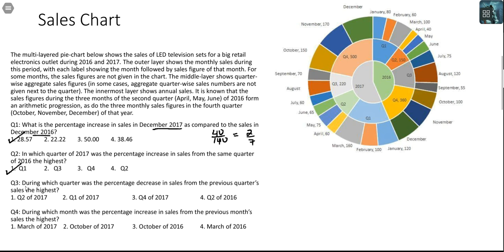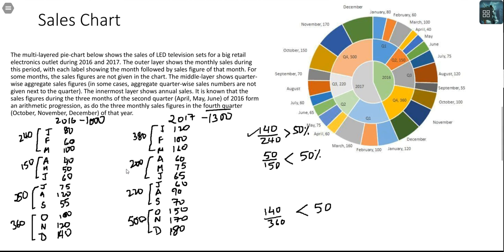Let's look at question 3. During which quarter was the percentage decrease in sales from the previous quarter sales the highest? So now we are looking at successive quarters and we are looking for a decrease in sales. Options given to us are quarter 2, quarter 1, quarter 4 of 2017 and quarter 2 of 2016. Here the reduction is of 90 by 240.